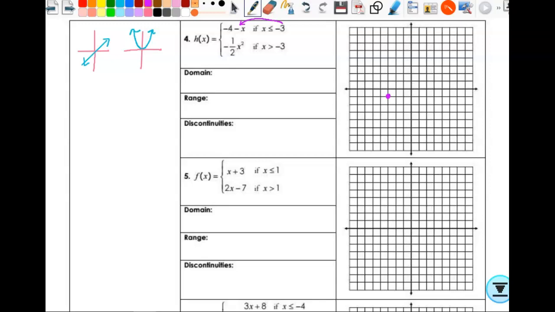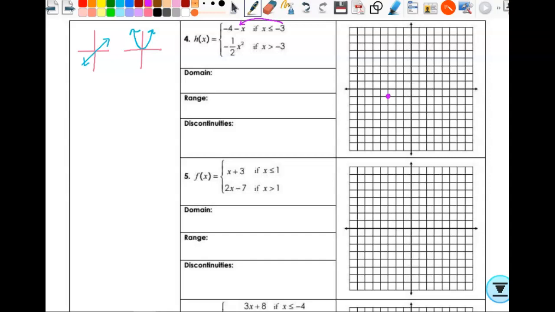This is a linear part. I don't have the y-intercept. I mean, I can figure out what the y-intercept is, but I'm not going to be able to graph it because it's everything to the left of it. Well, when you use the slope-intercept to graph a line, it's really just getting you a point, and then you count the slope from it. You can count the slope from any point you have on the line. So I can use this one. Is my slope positive or negative? Negative. So is my line pointing up or is it pointing down? It's pointing down.